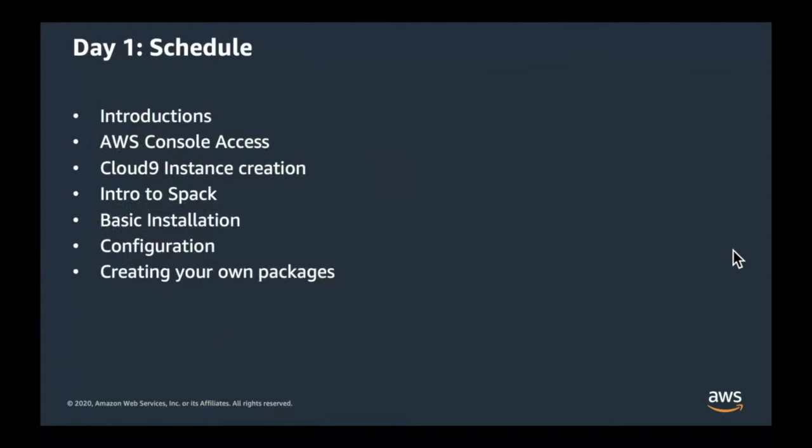Today we're going to go over how to access the AWS console. I sent out a hash link last night. We're also going to go over how to create a Cloud9 instance, a virtual machine where you can access the CLI. Then we're going to go over usage of Spack and go through the Spack tutorial.